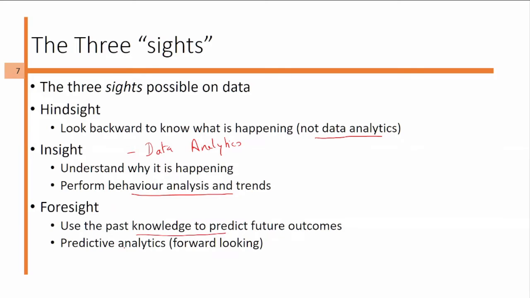We look forward. So these are the three possible sides in data. Hindsight, you look backward to know what is happening. Insight, you look into the data to know what is happening. And foresight means you try to predict the future, using the past knowledge.